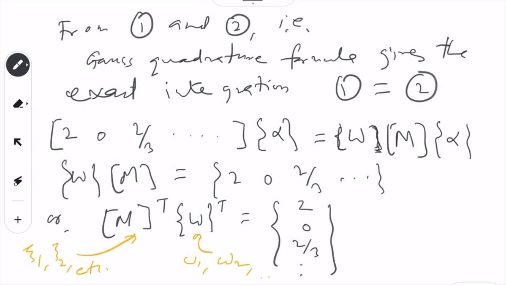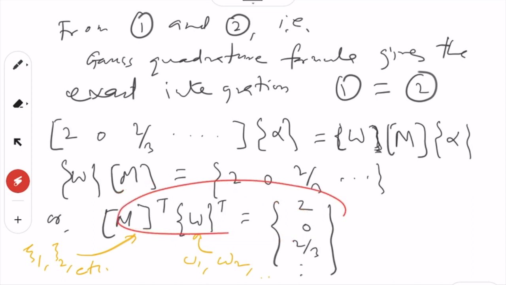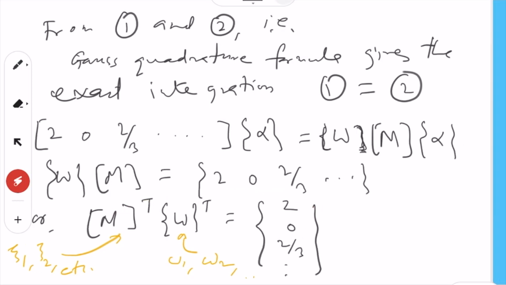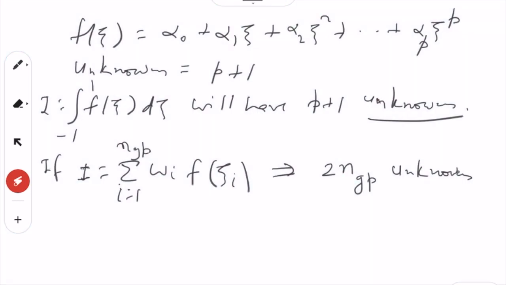meaning that if we want to use that equation, then we have to accordingly select the number of Gauss points, right. So, if you are doing this integration analytically, then you know that we have p plus 1 coefficients.